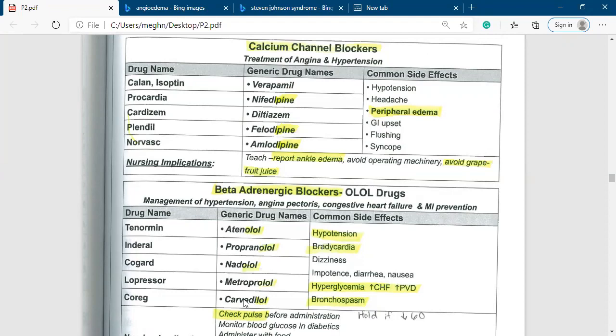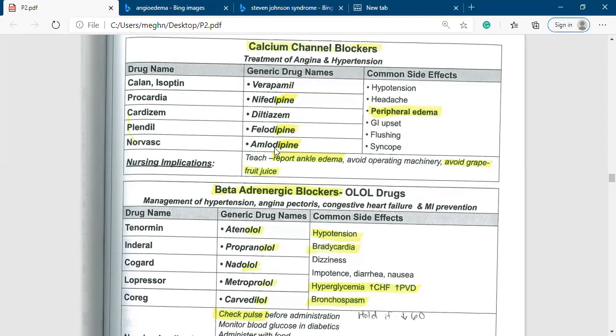So the mechanism of action, specifically the calcium channel blocker, if you read the name, you can get an idea. Calcium channel blockers block the calcium channel, blocking the ion calcium from crossing into the heart muscle cell.